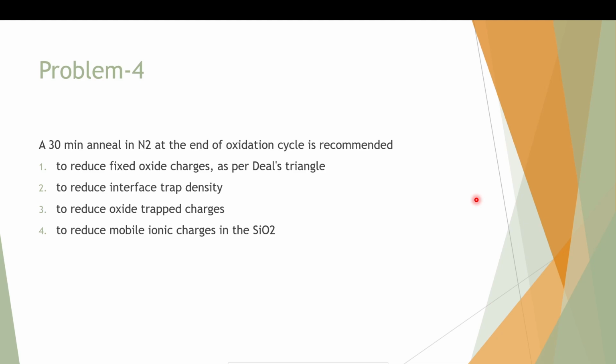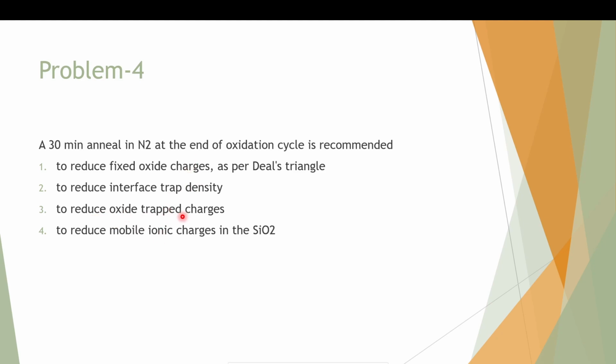Some of the silicon atom valencies are not satisfied, and that is basically the interface trap density. And because this SiO2 is not complete, there might be some charge formed near the interface. That is the fixed oxide charge. So these two are basically the interface phenomena, and the other two are the bulk phenomena.